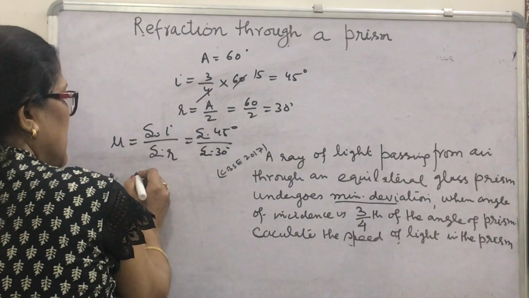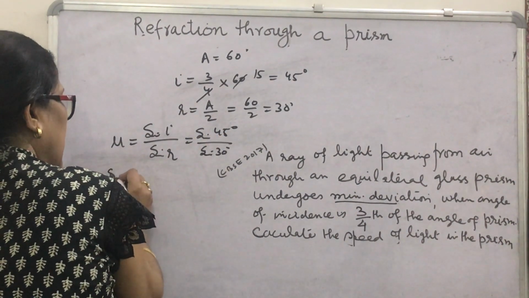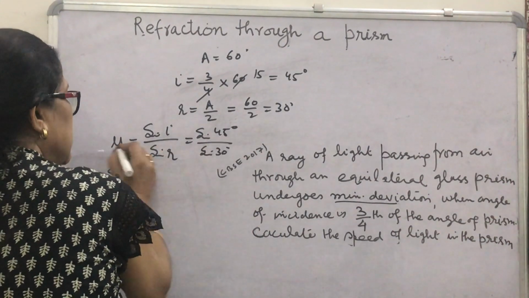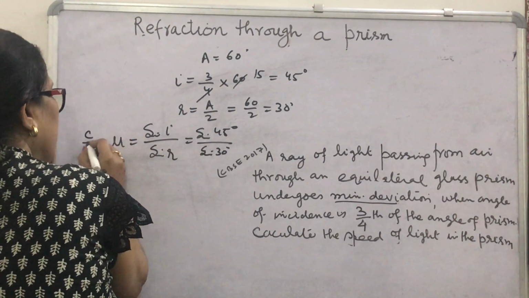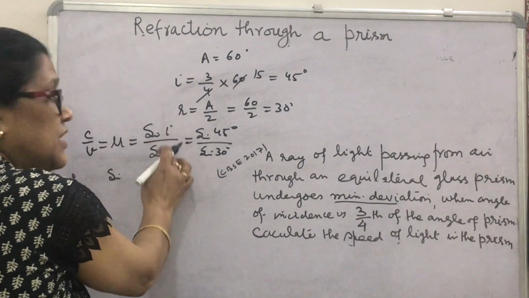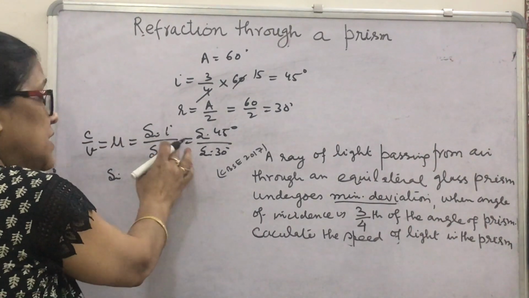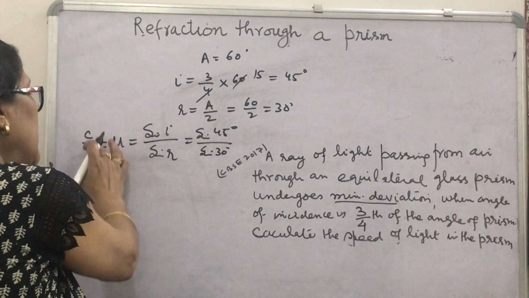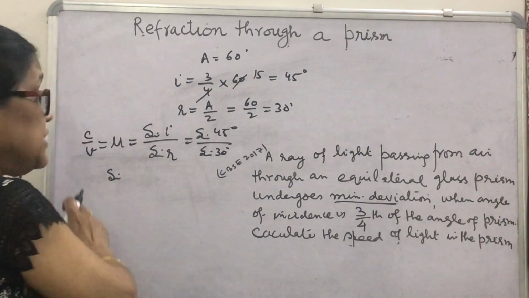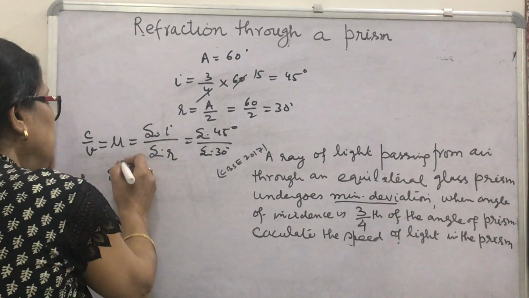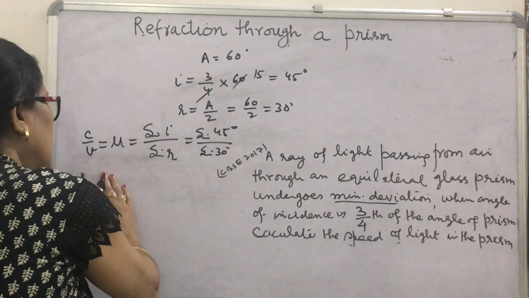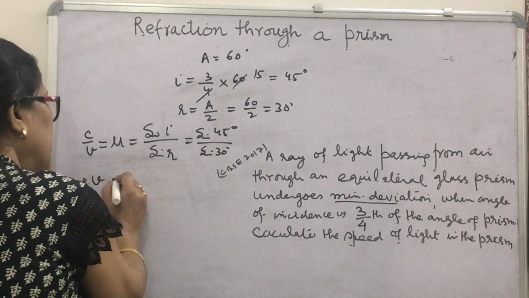What will you get? This relation sin i upon sin r is also given by c upon v. This is Snell's law, which is used in the derivation of the prism formula, and here also c upon v. c is the speed of light in air. So what will be v?